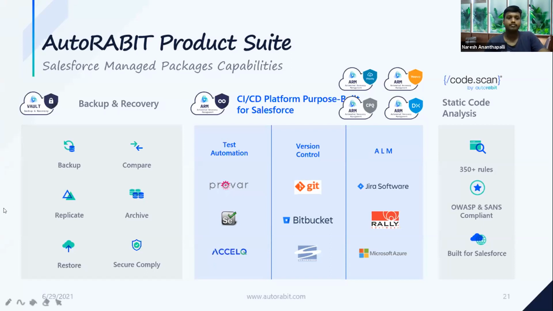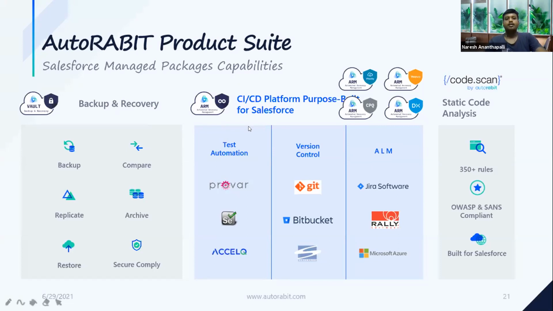We have a lot of tools that cater to these areas. For example, we have a backup and recovery solution, Vault, which helps in backing up and recovering data and is aware of the schema of different Salesforce orgs. It works with different managed packages like Aptos and Encino.